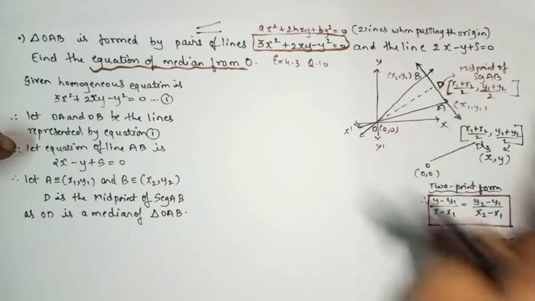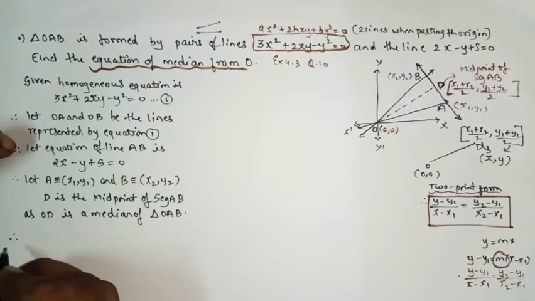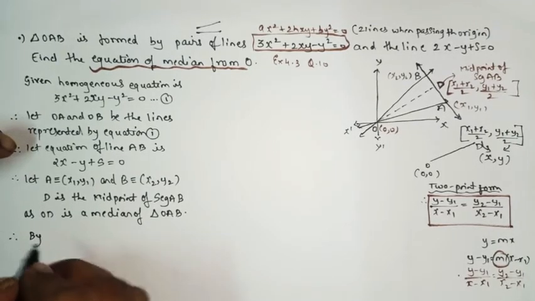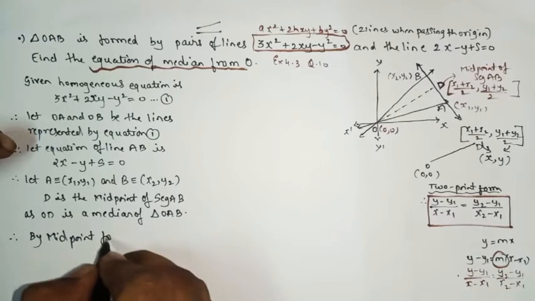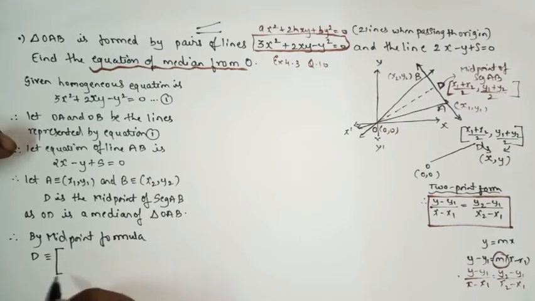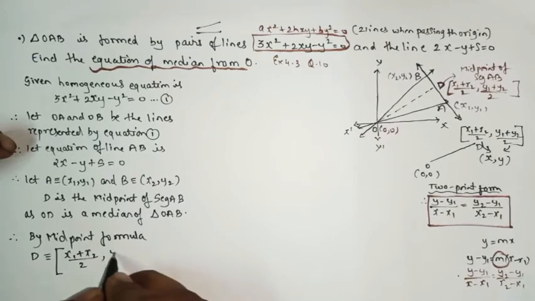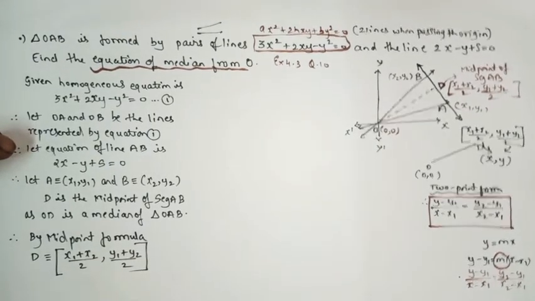So that's why D is the midpoint. Here we'll apply the midpoint formula. By the midpoint formula, D will be x1 plus x2 upon 2, y1 plus y2 upon 2. Yes or no?